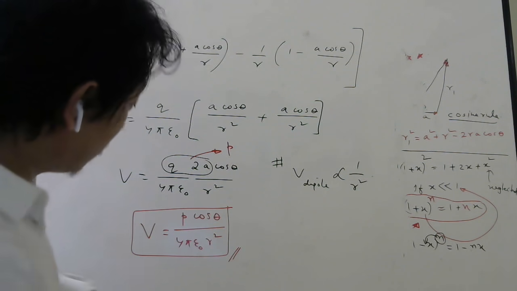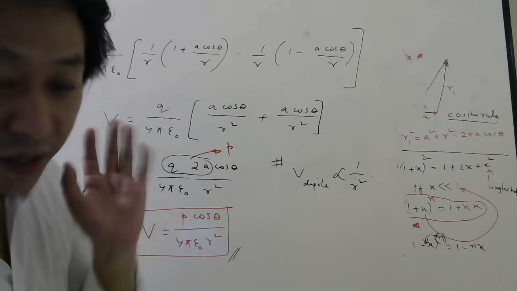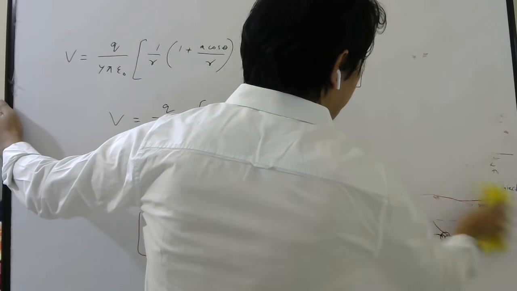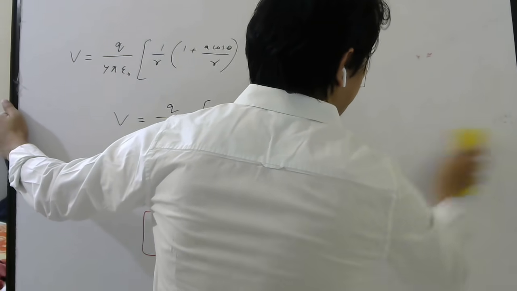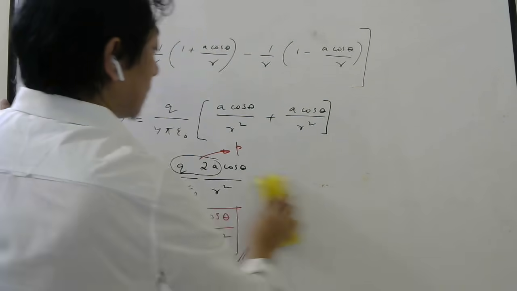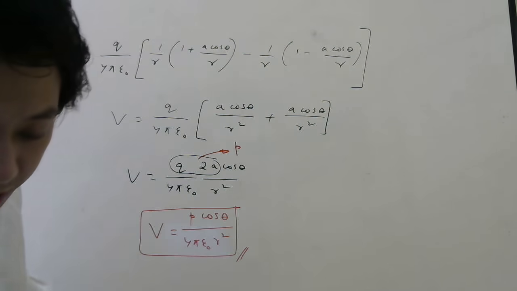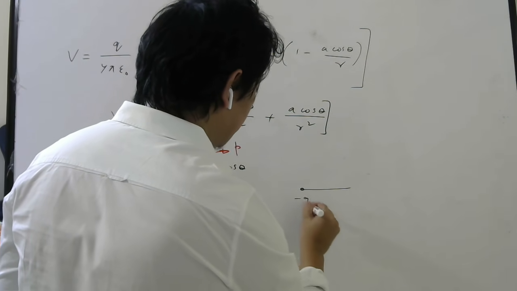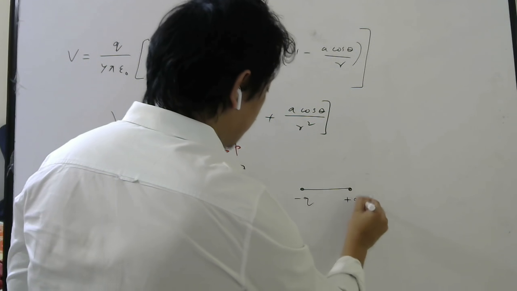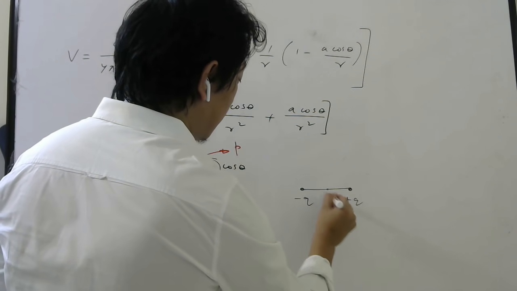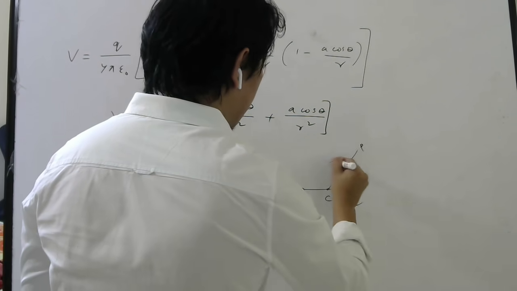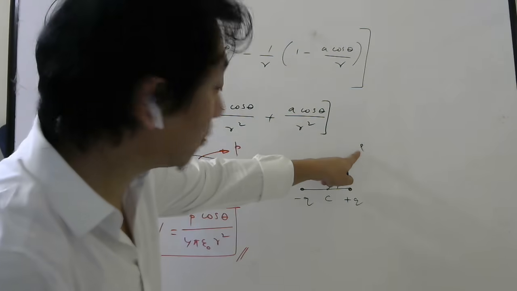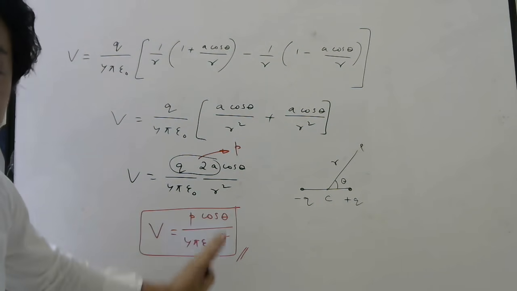So let us use now this result to ask two basic questions based on potential due to dipole. So let's say I have a dipole here, minus q, plus q. This is center C, this is P, this is R, this is theta, right? Okay. So we know potential at this point now is given by this formula.